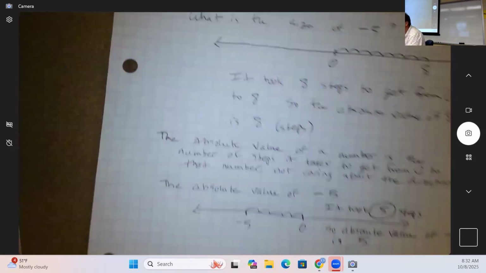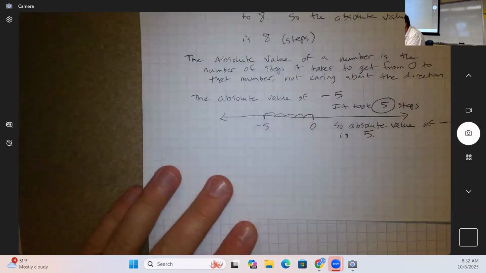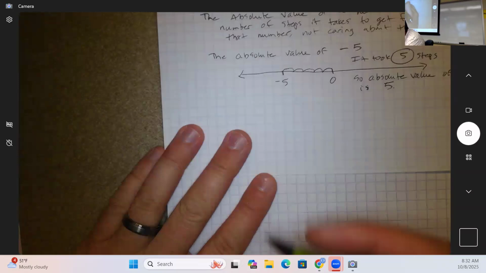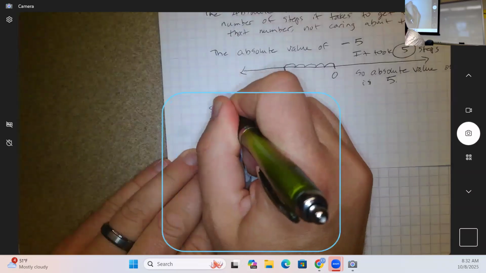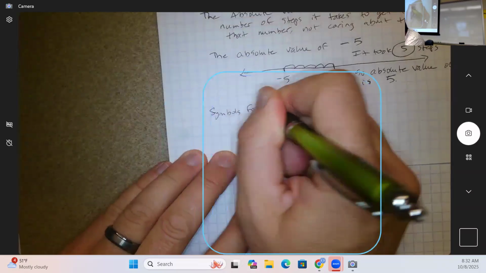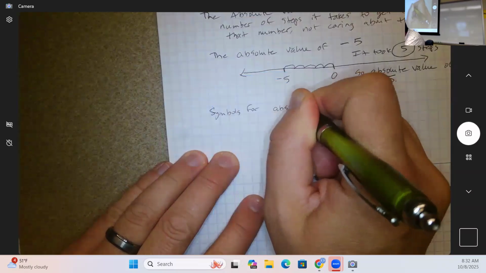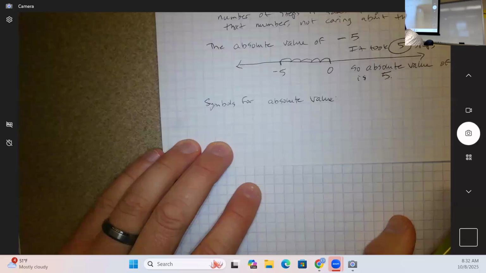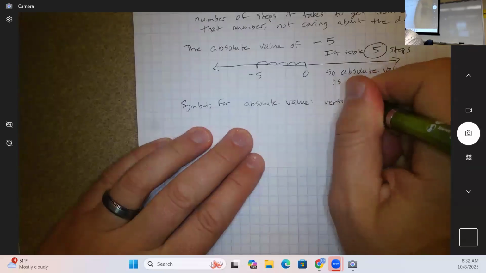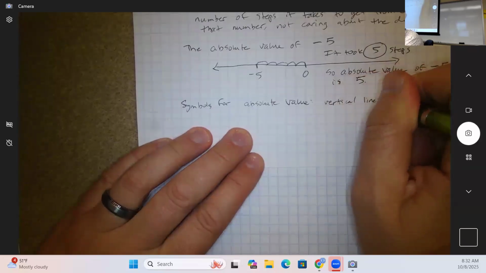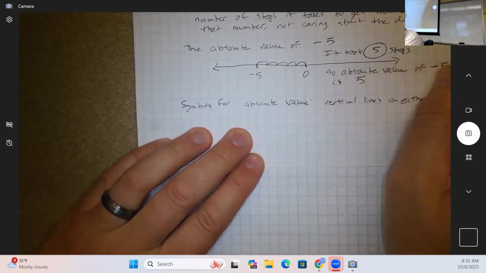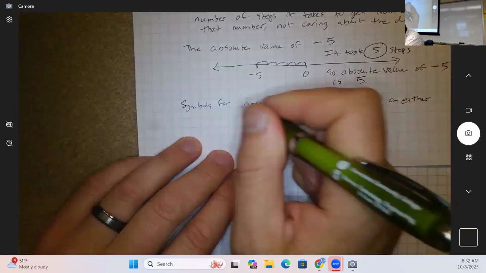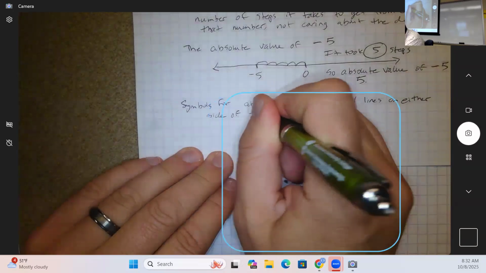So I focused on the words and the pictures, but there is symbol notation. The symbols for absolute value are vertical lines on either side of the number.